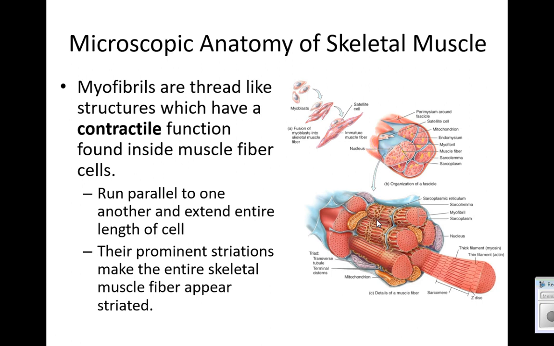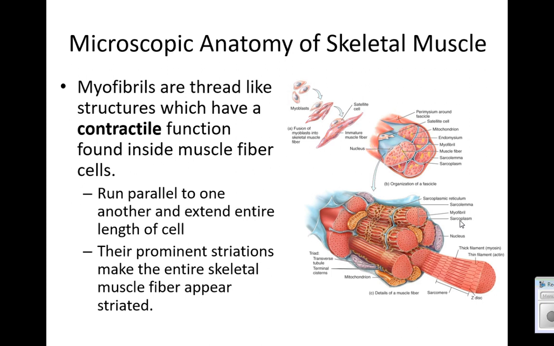Now, other things that you see within a muscle fiber, obviously, is a lot of mitochondria. That's what these yellow, goldish, orangish colored organelles are. We know mitochondria are prominent organelles in cells that need a lot of energy because they produce a lot of energy. Muscle cells need a lot of energy. We'll also find a cytoplasm, excuse me, we call it the sarcoplasm, same thing.